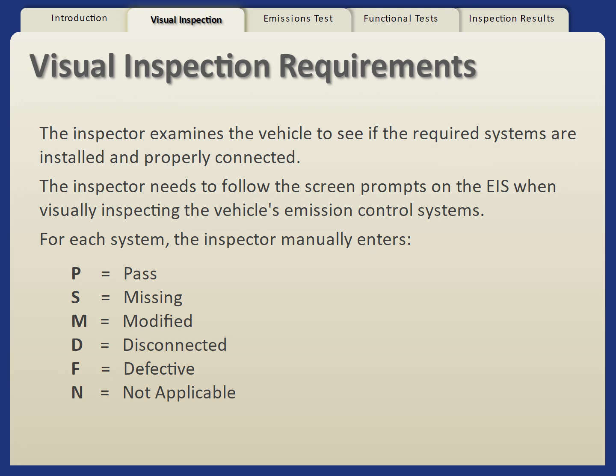Using the proper reference material and the vehicle's underhood emission control information label, the inspector examines the vehicle to see if the required systems are installed and properly connected.